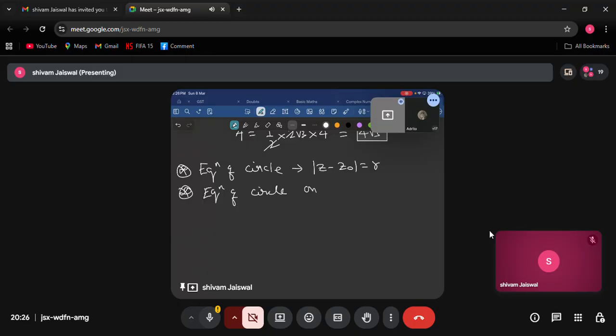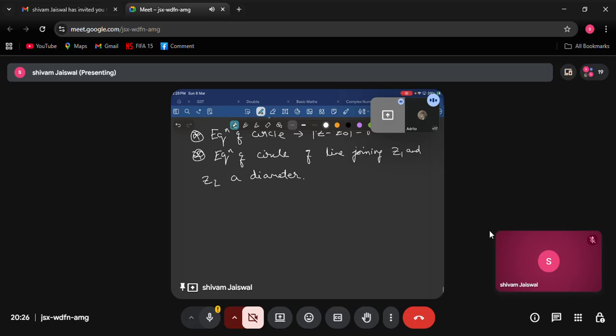Equation of circle on line joining z1 and z2 as diameter. Okay, I want to find out the equation of circle such that the line joining z1 and z2 is the diameter.